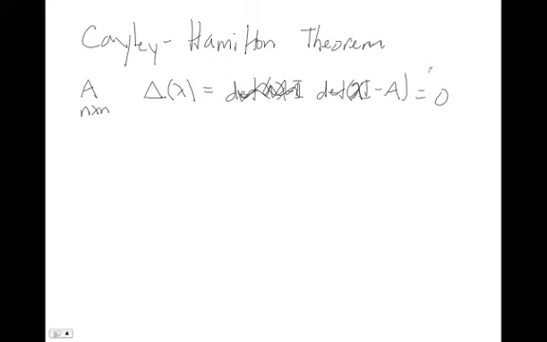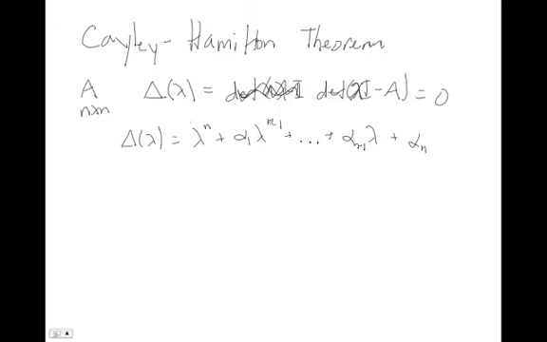This is the characteristic polynomial, and that characteristic polynomial always has this sort of shape. It's an nth order polynomial in lambda, so I'll have lambda to the n plus some alpha 1, which is just some scalar constant, times lambda to the n minus 1 power, and then I'll have a bunch of additional terms, and then I'll eventually get to alpha n minus 1 lambda plus alpha n.